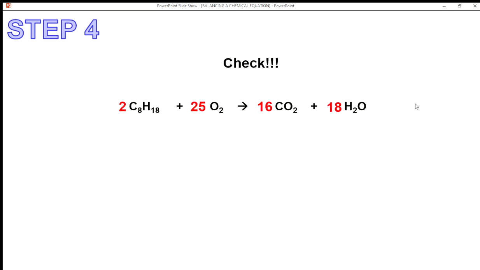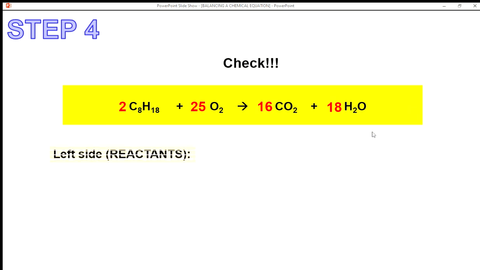Based on the balanced equation just now, we're going to start with the left side, the reactant side. On the reactant side, there are 16 carbon, 2 times 8, 16 carbon; 36 hydrogen, 18 times 2, 36 hydrogen; and we have 25 times 2, 50 oxygen atoms.